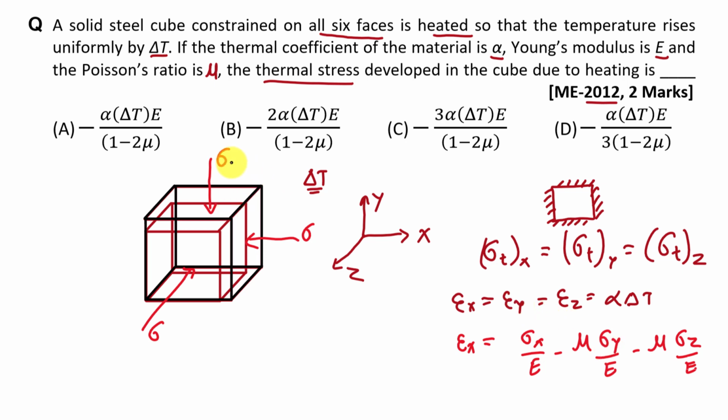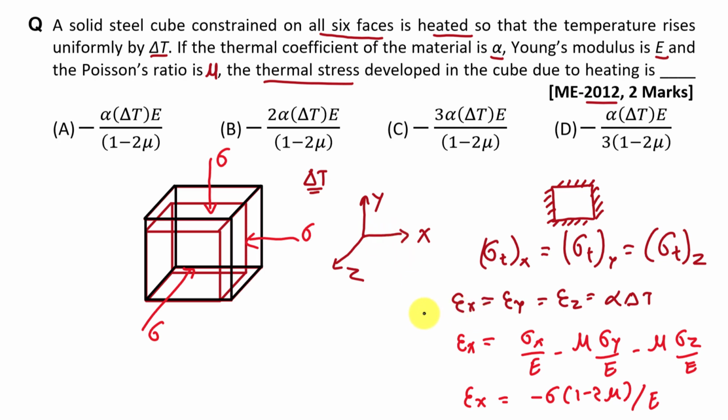Now here we can see that the value of stress in all the 3 directions is the same and it is minus sigma because it is compressive. So actually this value of epsilon x will be minus sigma into (1 minus 2 mu) divided by E, right? Here you can see that this strain is negative because here in x direction dimension is decreasing, right?